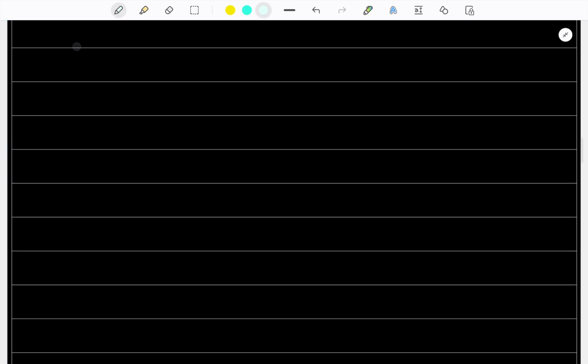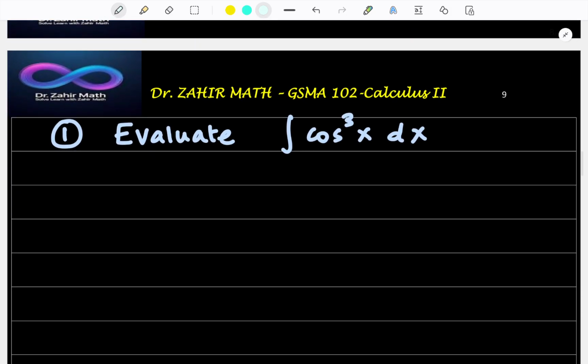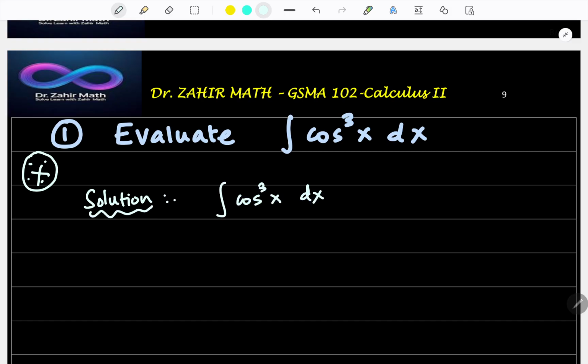Let's go to the next question. Wow, now odd powers are coming. Usually the examiners will concentrate on odd powers. Keep in your mind. So we are going to evaluate cos³x, the integral of cos³x dx. What did I say about odd powers? Reduce it.